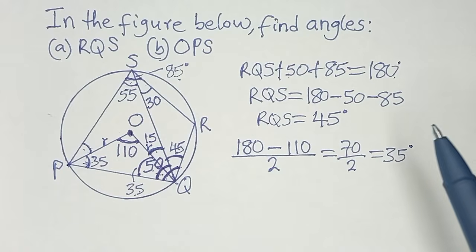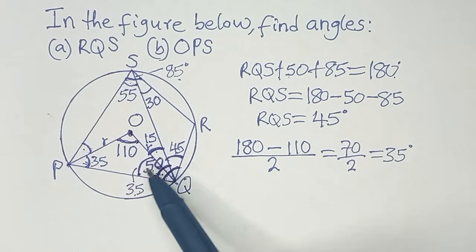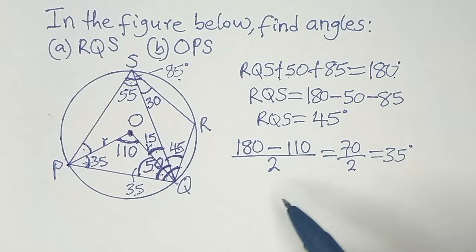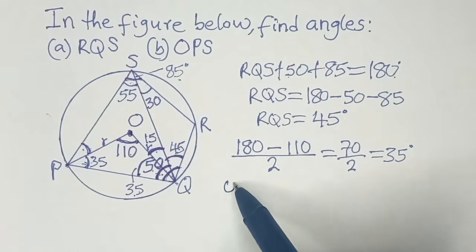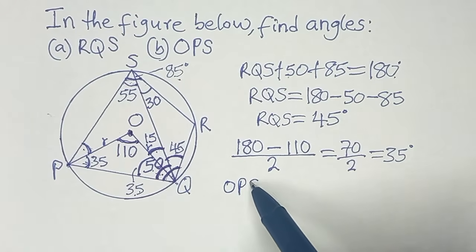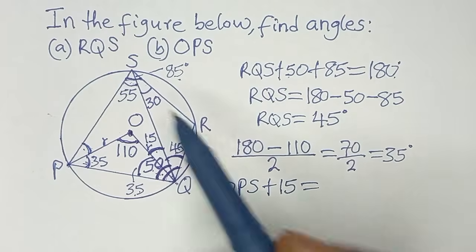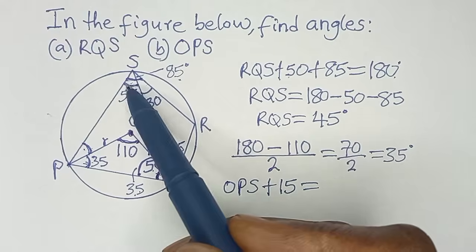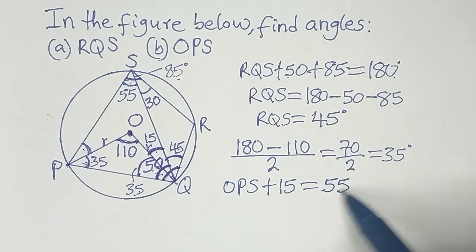So the short method is to simply say that this angle here, which is OPS, plus 15 degrees is equal to this angle at the circumference, and that is 55 degrees.